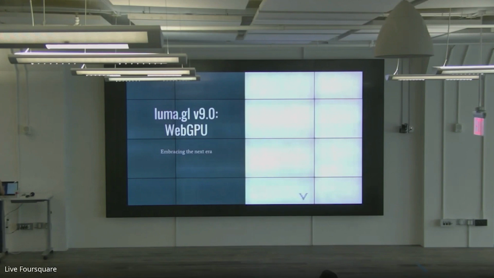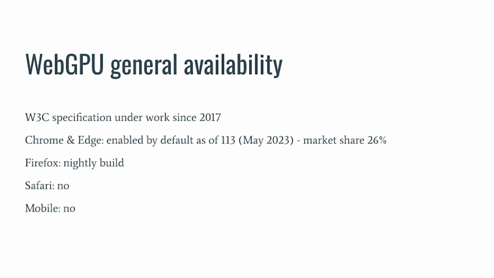So if you remember, the vis.gl tagline is WebGL 2 powered large data visualization in the web. Soon that will not be accurate. And we are embracing the successor of WebGL, that is WebGPU. It has become generally available in the last few months.